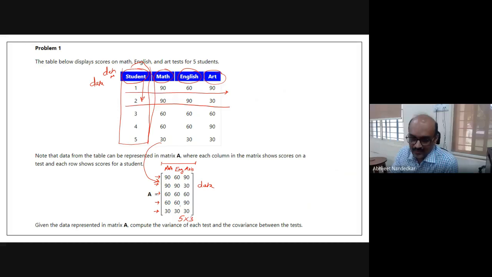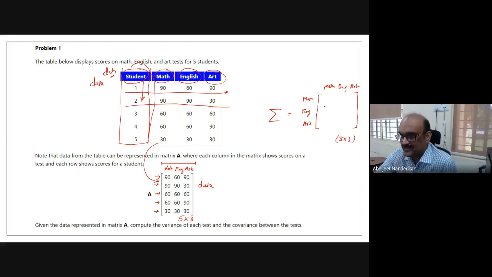Now, what we want to do is find a covariance matrix like this. So there will be math here, then English, then art, and we want a relation with everybody. So this is math, English, and art. I want this 3 by 3 matrix which tells the relation between different variables, how they are related and what the spread is.